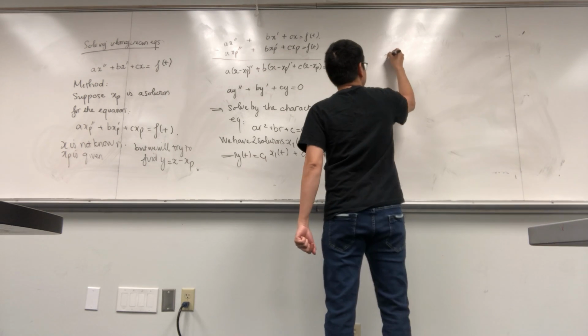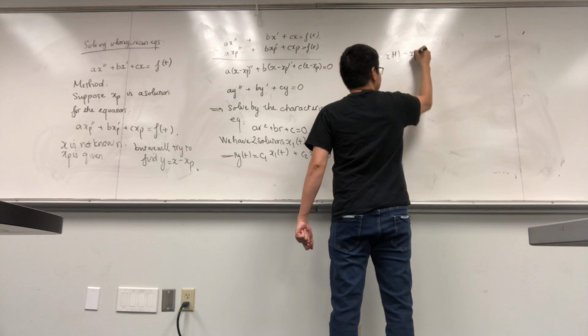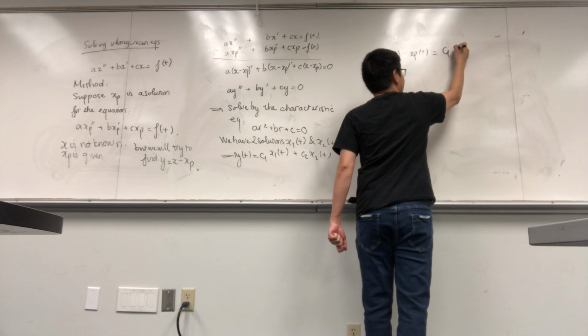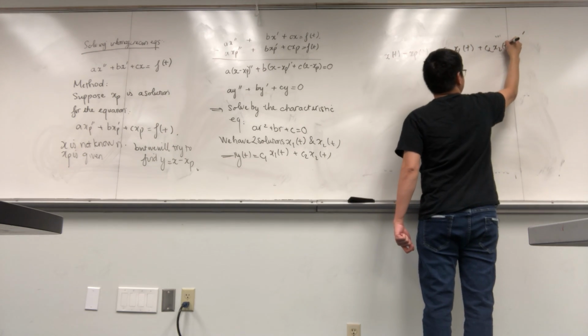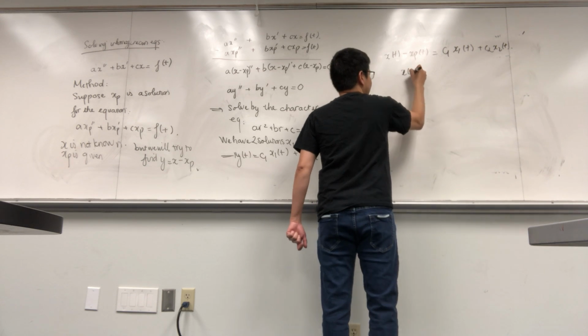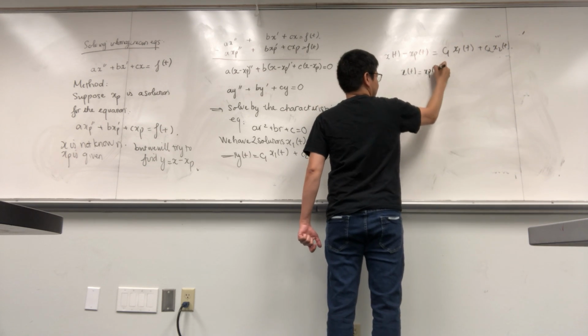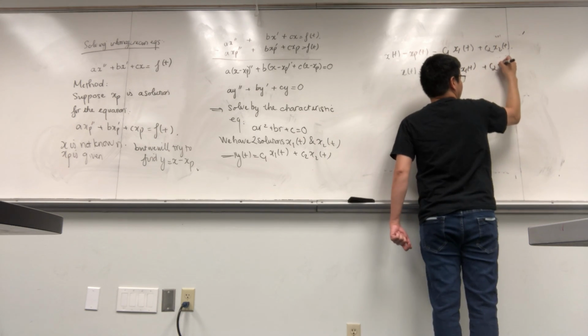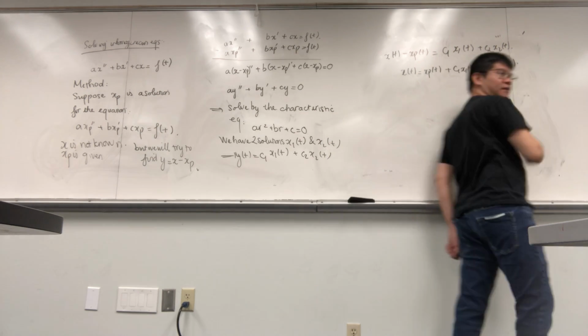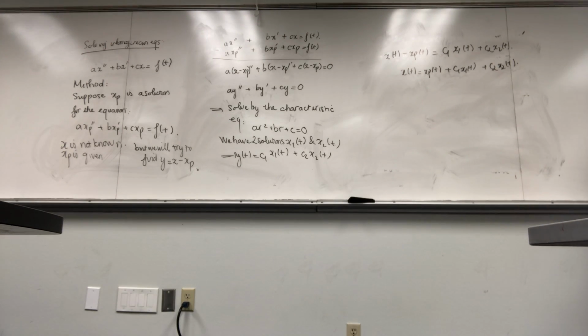So you have x(t) minus xp(t) is c1 x1(t) plus c2 x2(t). So x(t) will be xp(t) plus c1 x1(t) plus c2 x2(t). All right? Questions?